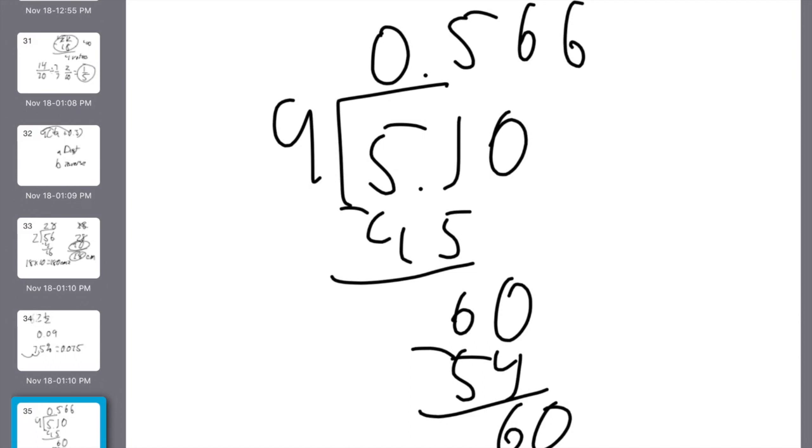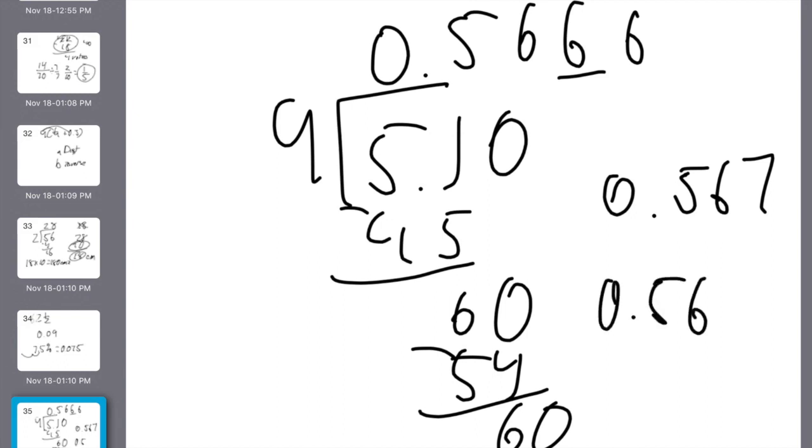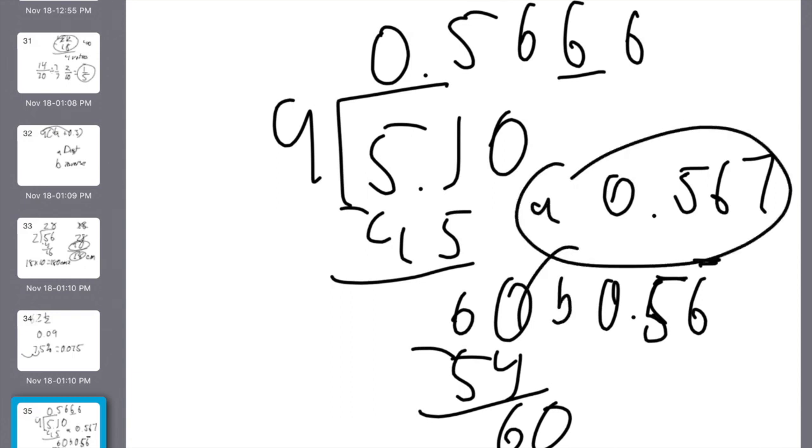So they said A, rounded to the nearest thousandths, guys: tenths, hundredths, thousandths. I start here, I look at the next 6. That's going to make it go up to 0.567. B, write it with a repeating bar: 0.56 with a line over the 6. So A, B.